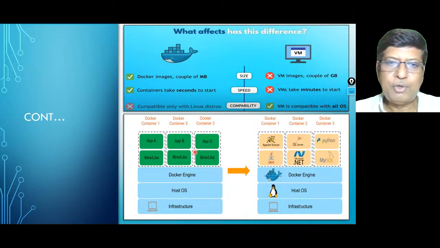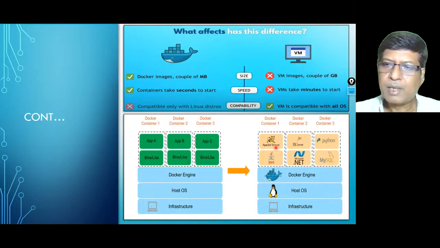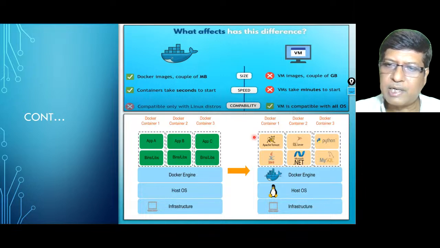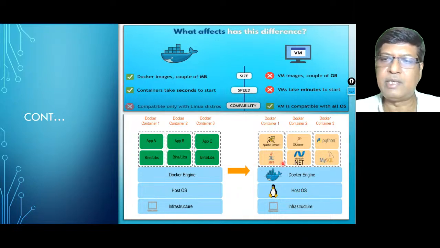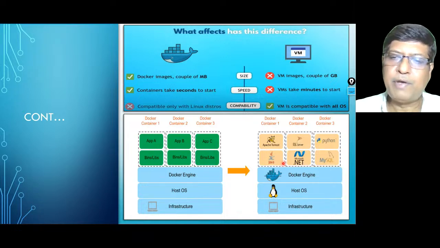You see, you have applications A, B, C. Let's say this is a Java application on top of a web server, Apache Tomcat. But this is one container. You have two layers of images, but this is one image. So one container, one image. I will say that this is a Java web application image inside one container.